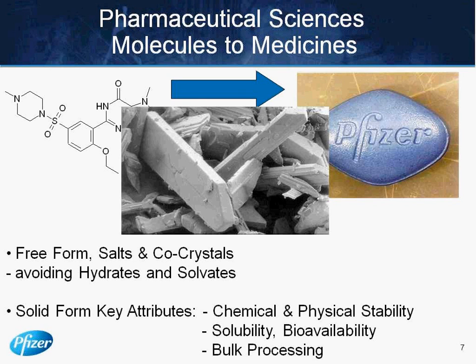But understanding the solid form key attributes, the chemical stability, the physical stability, the solubility and bioavailability, and the bulk processing. And really by understanding the link between the molecule and the crystal and the product, we're able to underwrite a quality by design product and delivering safety, efficacy and manufacturability.